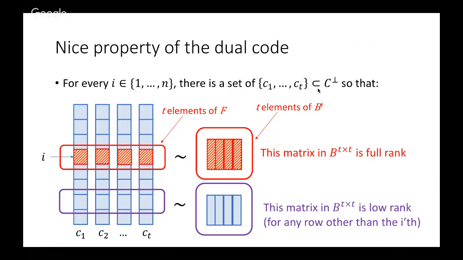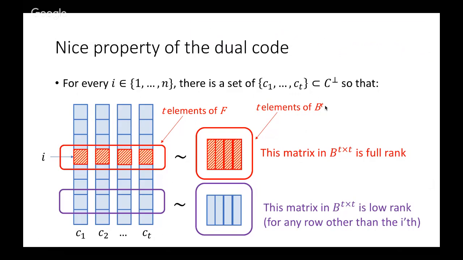I thought every column is what's stored on a node. This is not true. Oh yeah, so these are dual code words. Yeah, I've rotated them. Okay, so there exist t of them, and do we know what t is? Oh, t is your t, the subpacketization. That's right, same t. Okay, so there are t of them.